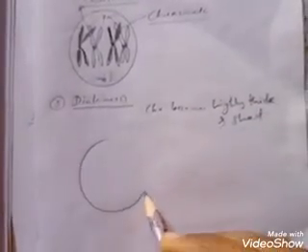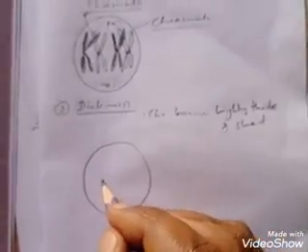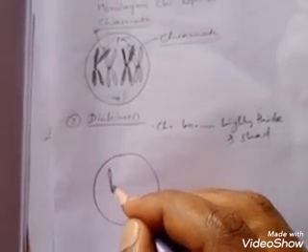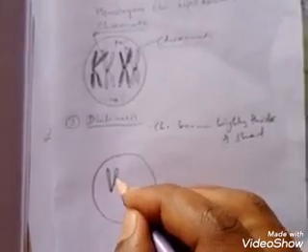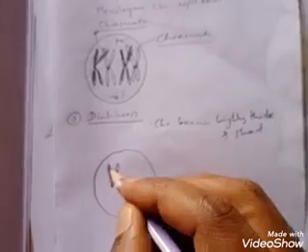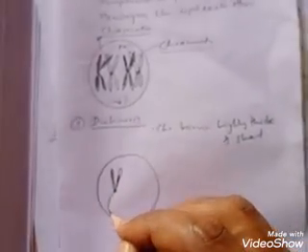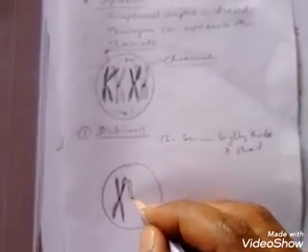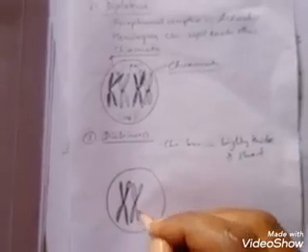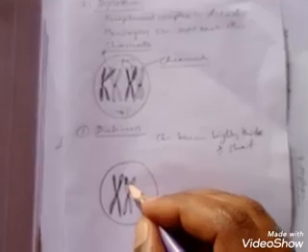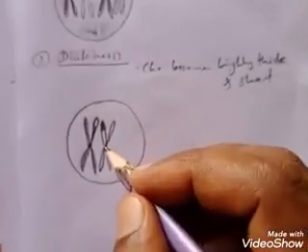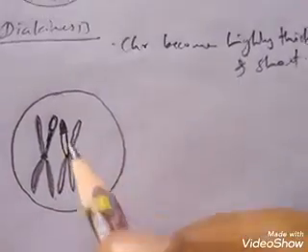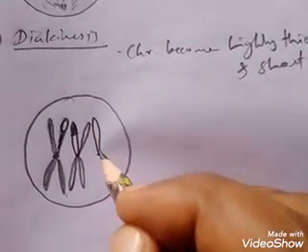We can take this diagram here. The X-shaped structures repel each other. This is the chromosome exchange part: from this chromatid part, this is passed here. You can observe very clearly in the diagram, and in the same way here also.